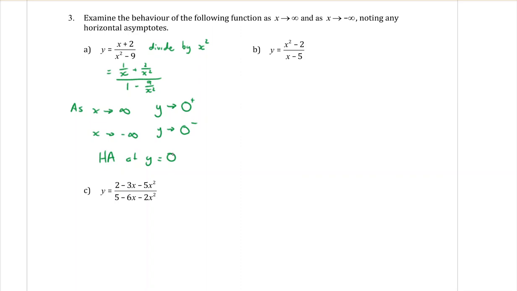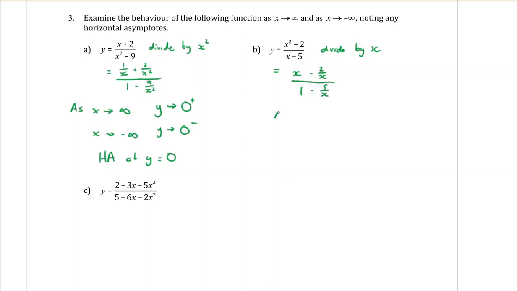Let's do B. Divide through by the highest power of x on the denominator, which is just x. Don't worry about the higher power on the top, it's always about the denominator. So I'm dividing by x. So x squared divided by x is x, minus 2 divided by x. On the bottom, x divided by x is 1, minus 5 divided by x.